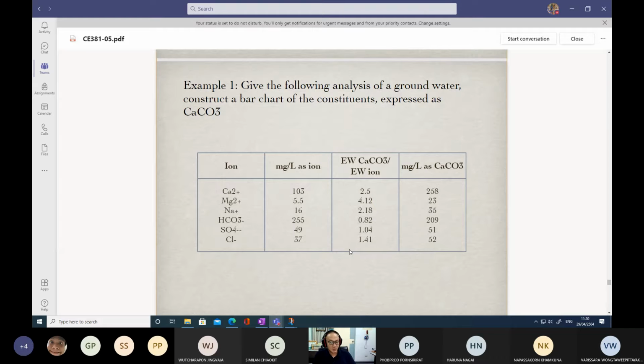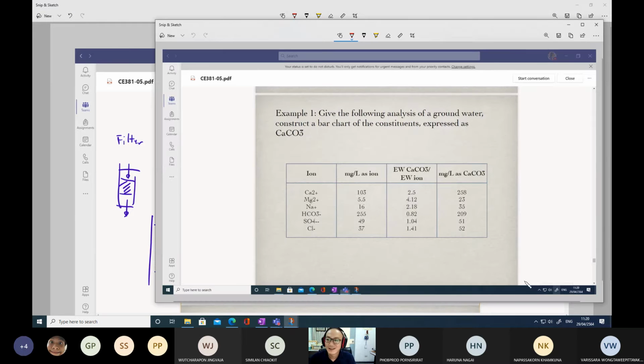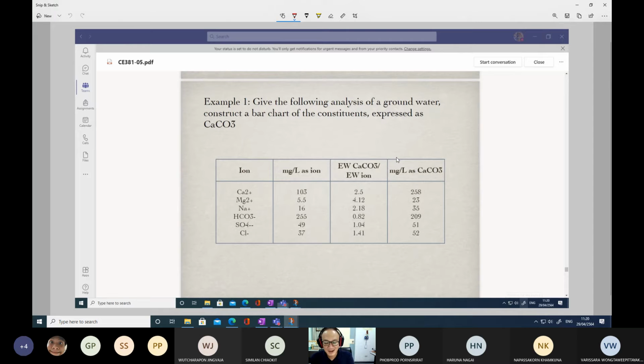Equivalent weight, EW. So what is the equivalent weight? Equivalent weight is another form of weight equivalence we use to describe the amounts of contaminants in the solutions. The equivalent weight is equal to the molecular weight divided by N. Then what is N?